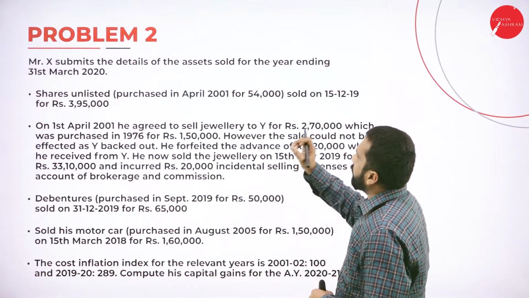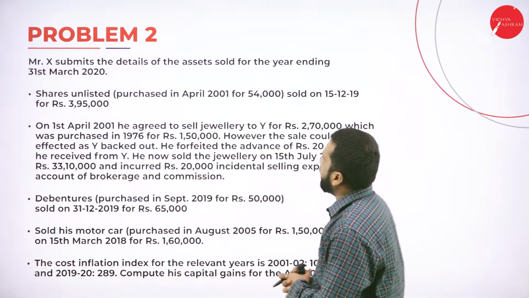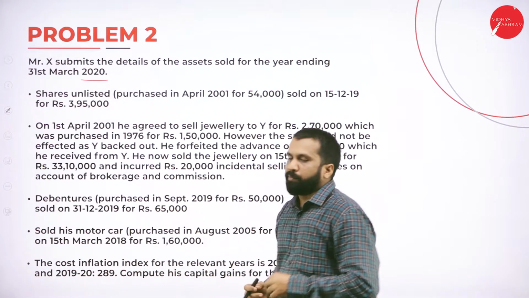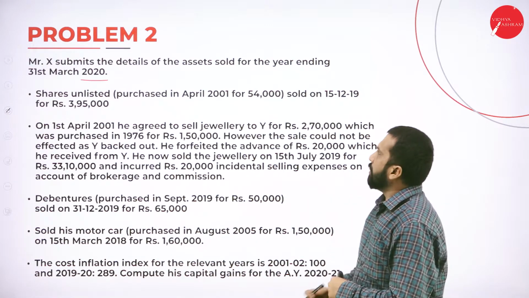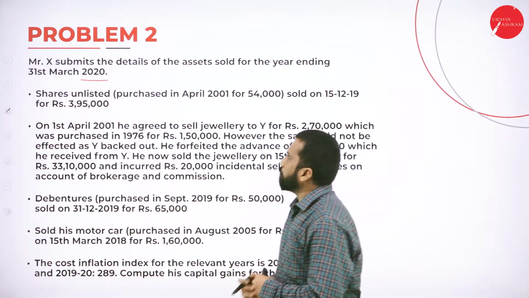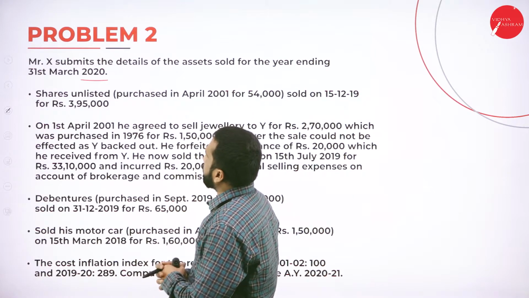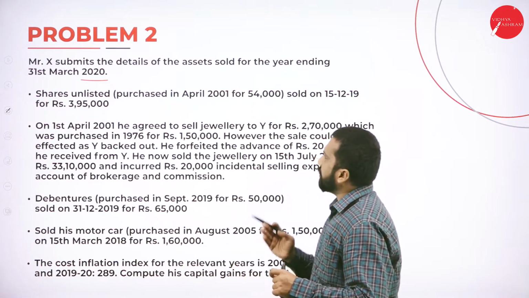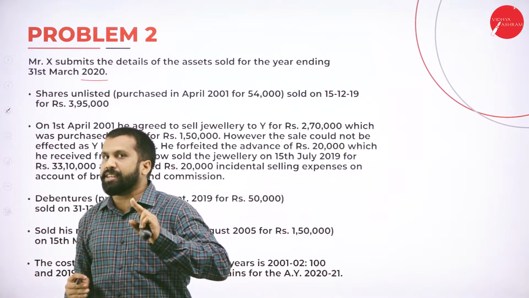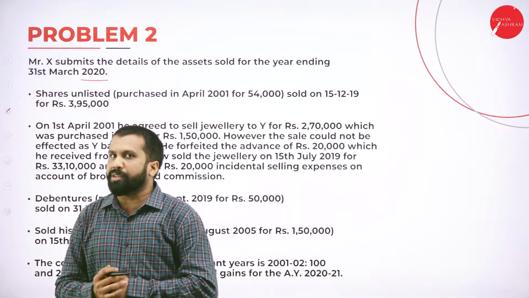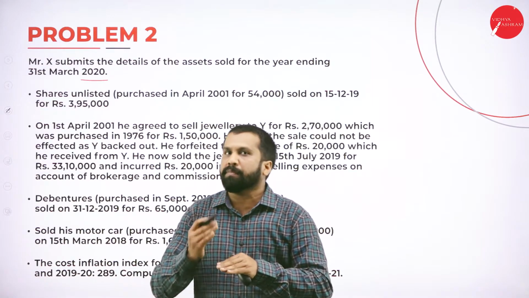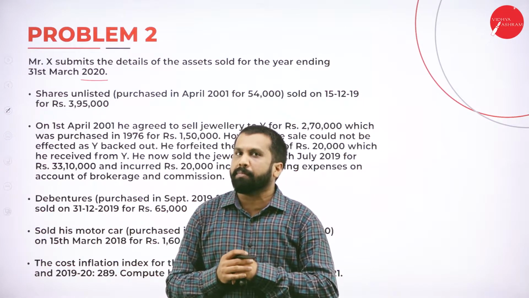So, problem number 2. We have done problem 1 and we are doing problem 2. Mr. X submits the details of assets sold for the year ending 31st March 2020. All the information we have is about 31st March 2020. Now, shares unlisted. Remember, there are two types of equity shares: one is listed, another one is unlisted. If it is listed shares, up to 12 months it is short term, above 12 months it is long term.